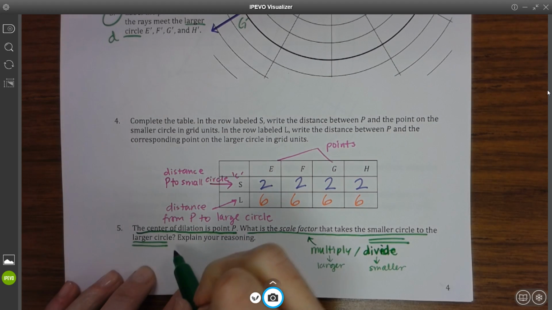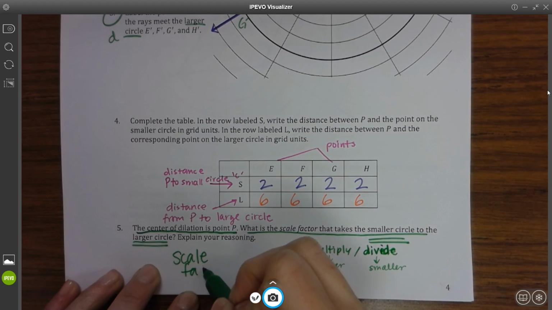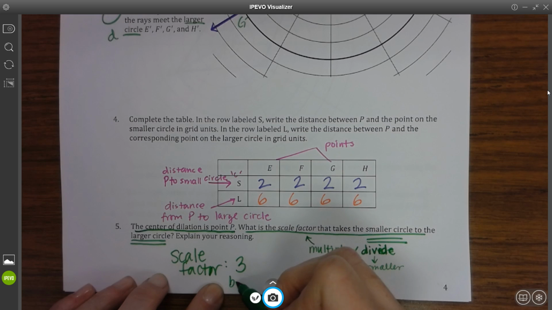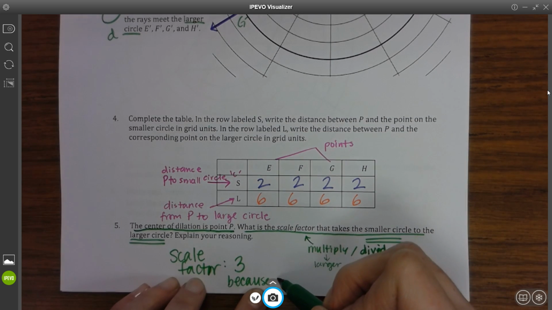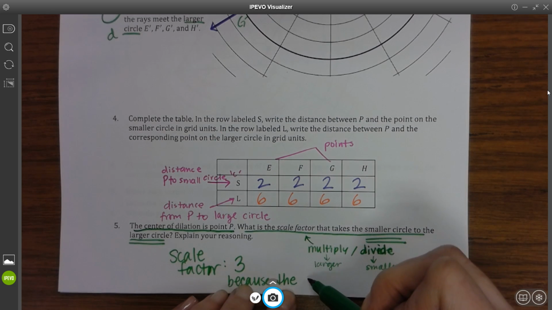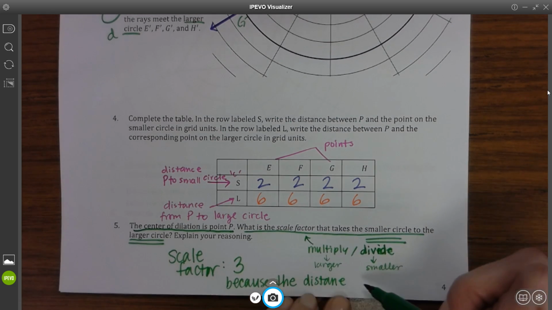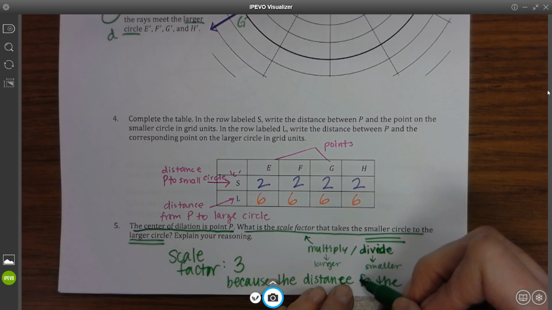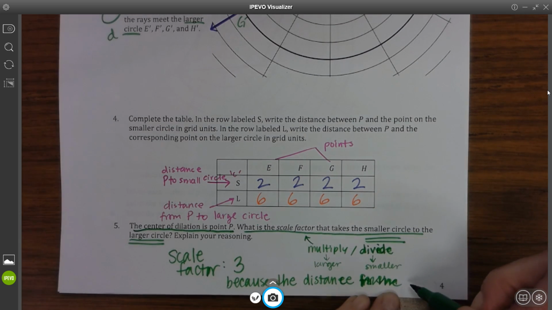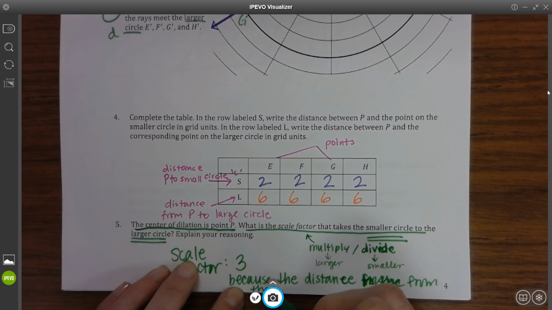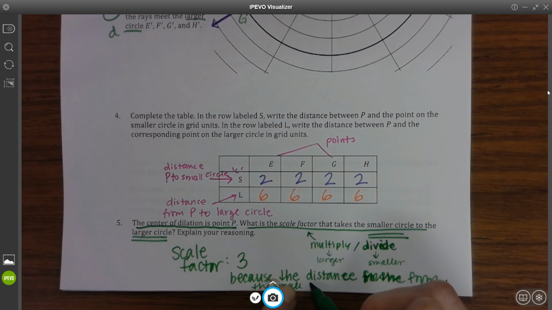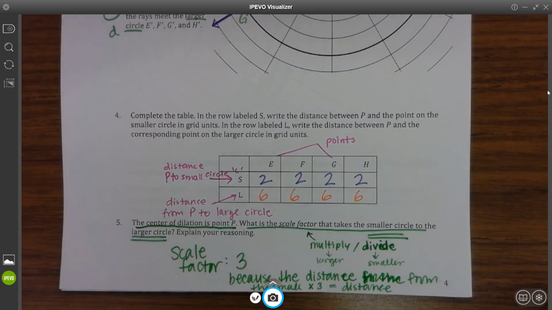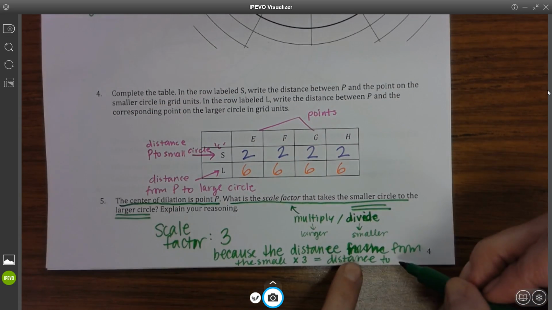Okay, so hopefully you looked and you said the scale factor must be 3, because the distance from the small times 3 equals the distance to the large circle.